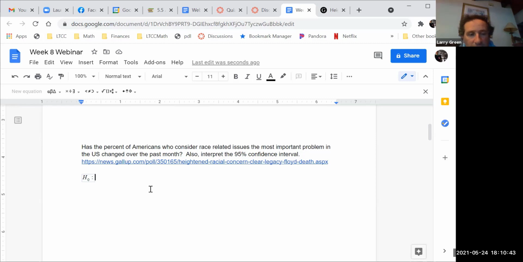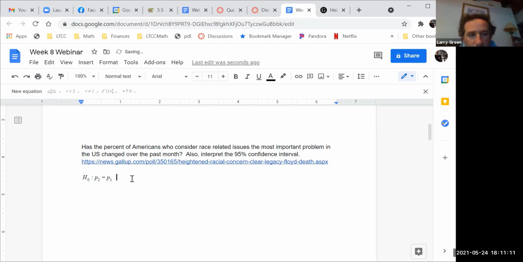So what we can do is say our hypothesis now is not going to be something like P equals 0.12, because that was last month according to Gallup, but that's not the true number. No one knows the true number. Instead, what we're going to say is, and I'm just going to write, P2 equals P1.